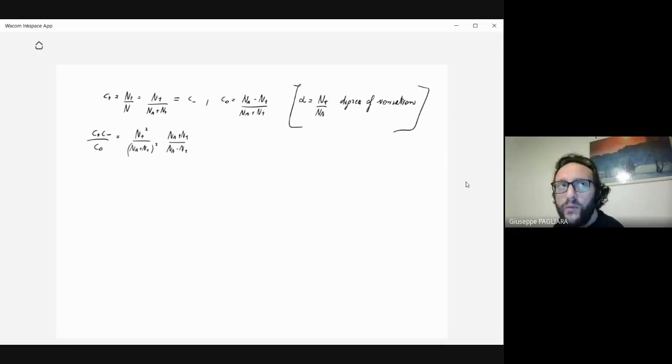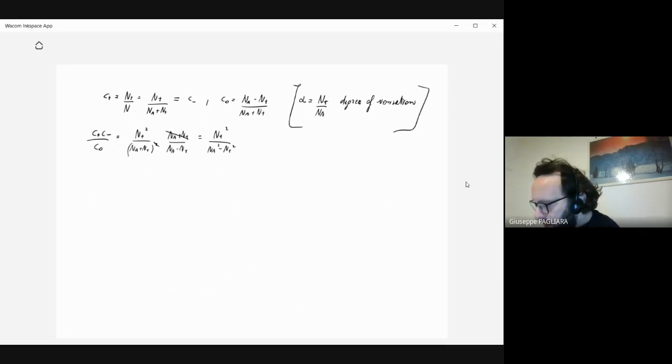Now I can remove one of those factors here, and then I have n plus squared, and here I will have Na squared minus n plus squared.